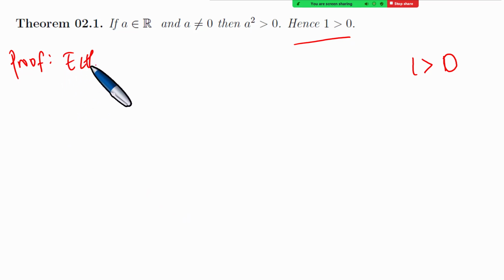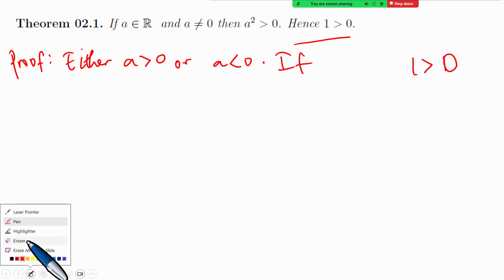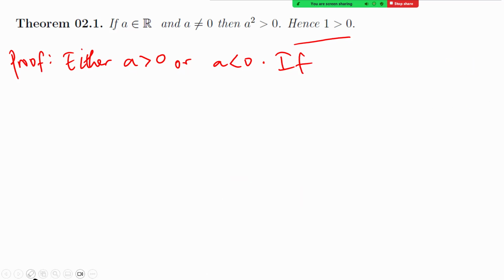We note either that a is positive or a is negative, because a is a real number. If a is bigger than 0, a is positive or a is negative.